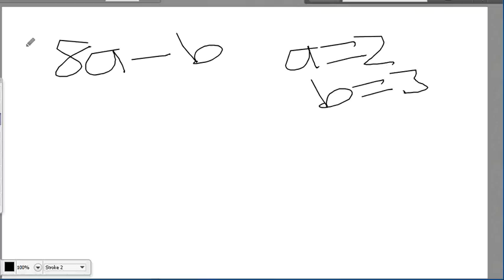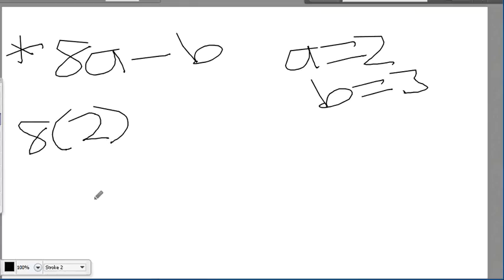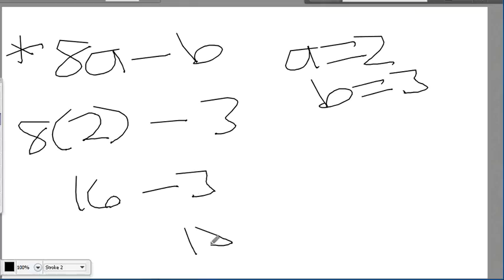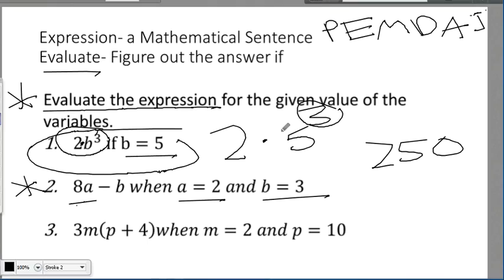Let's make a substitution. 8 times, instead of the a, we let that be a 2, minus, instead of the b, we let that be a 3. So 8 times 2 is 16. 16 minus 3 is 13. 8a minus b when a equals 2 and b equals 3 is 13.